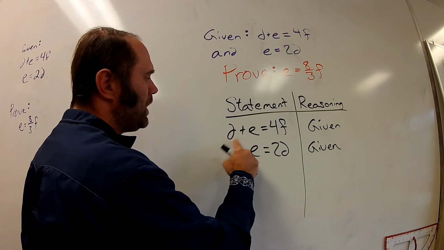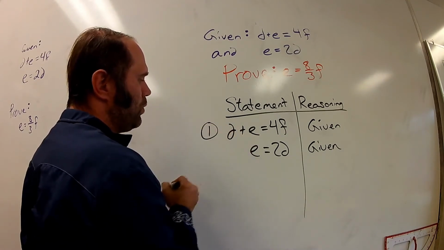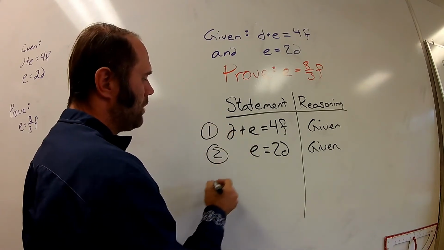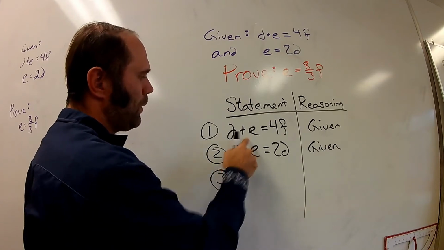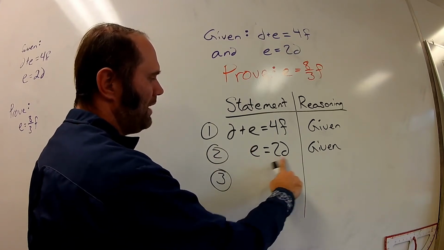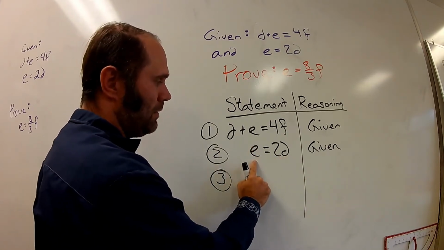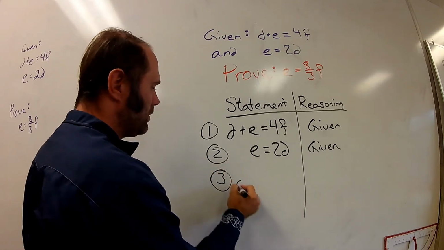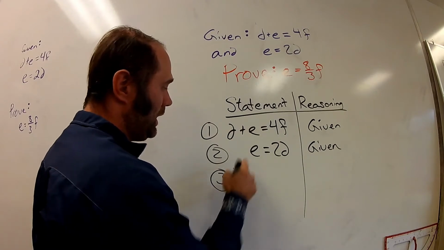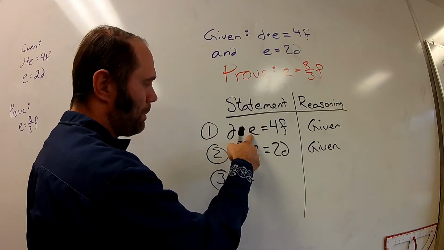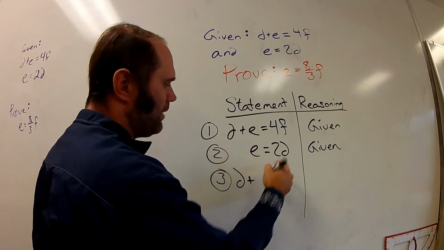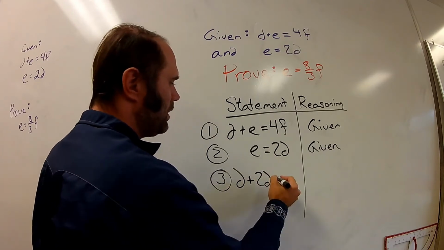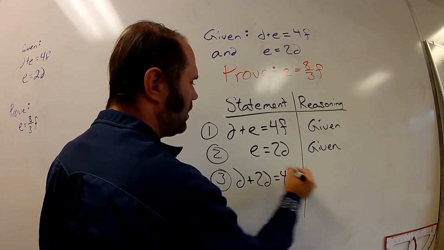So we could rewrite equation 1, but everywhere we see E, we'll replace it with 2D because E does indeed equal 2D. So D plus 2D equals 4F.